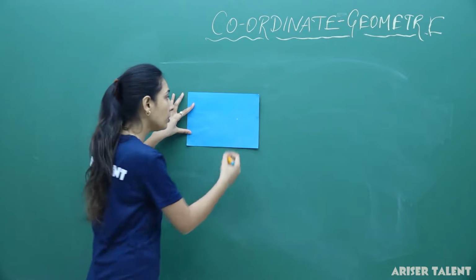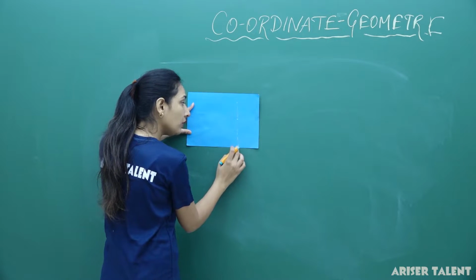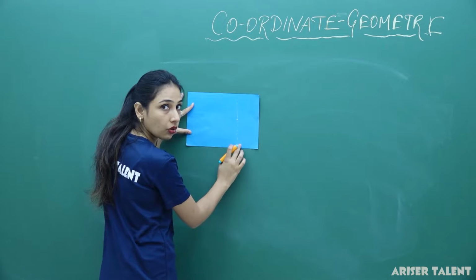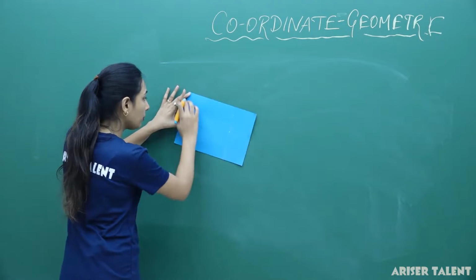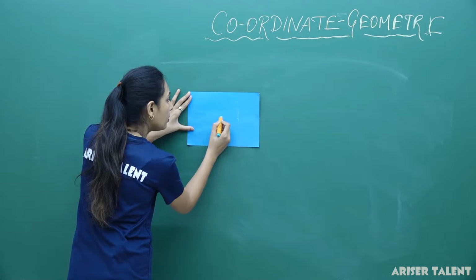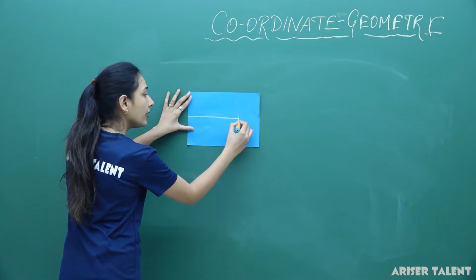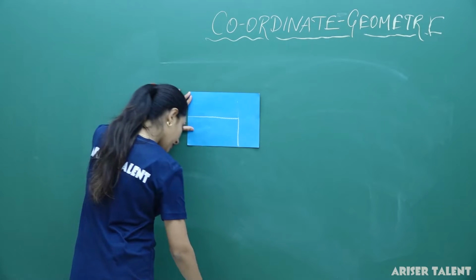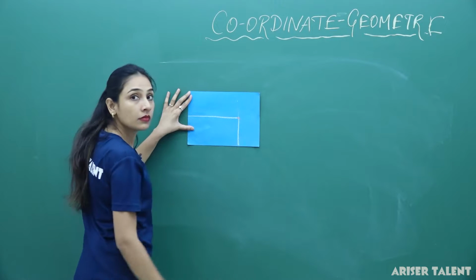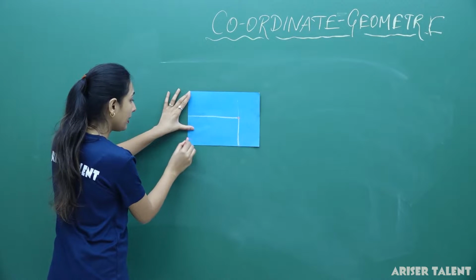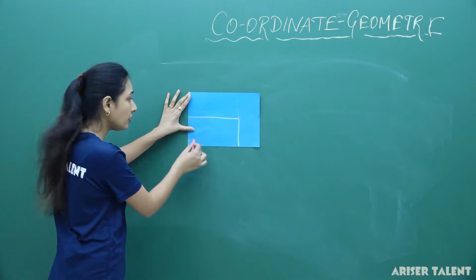As I've told you, we'll draw a perpendicular to this edge of this paper, and from the other edge of the paper you will draw a perpendicular here. So this is our point. Understood? Now make it clear that this is 90 degrees.